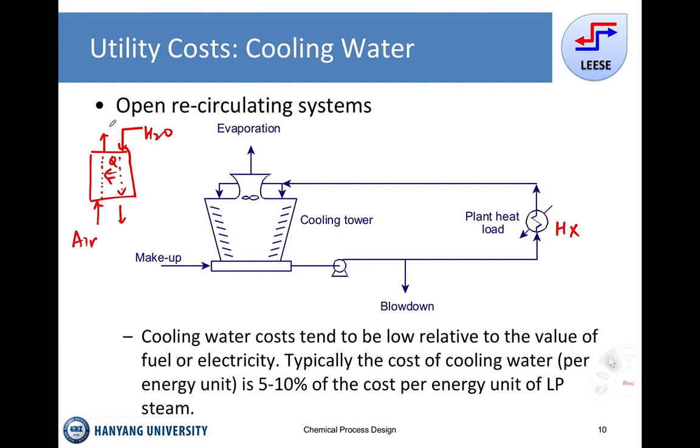Water is recovered in the bottom. The air is taking the heat from the water. So the water is cooled down. So the cooling tower allows this contacting between water and the air. So the temperature here is down. Then the water is kept reused inside the circuit.